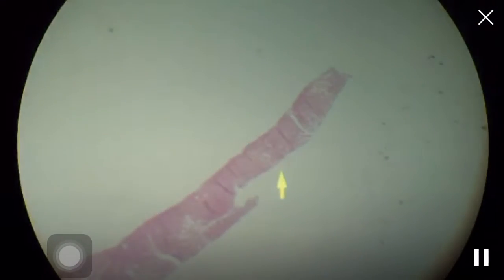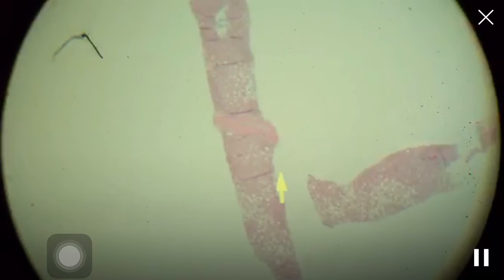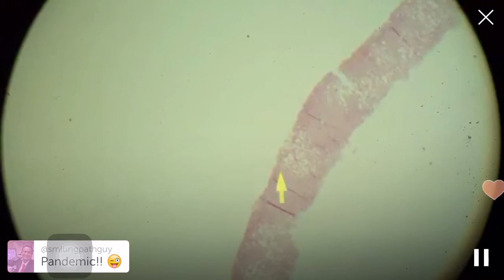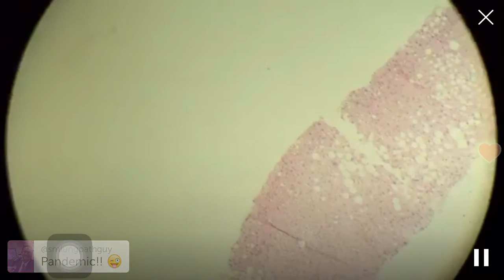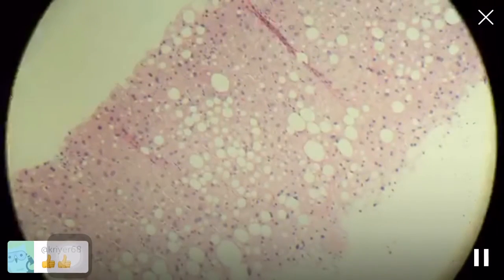And we see fat. Not dissimilar from the last biopsy, right? So mild to moderate steatosis. We look for steatohepatitis. At high power, no neutrophils again.